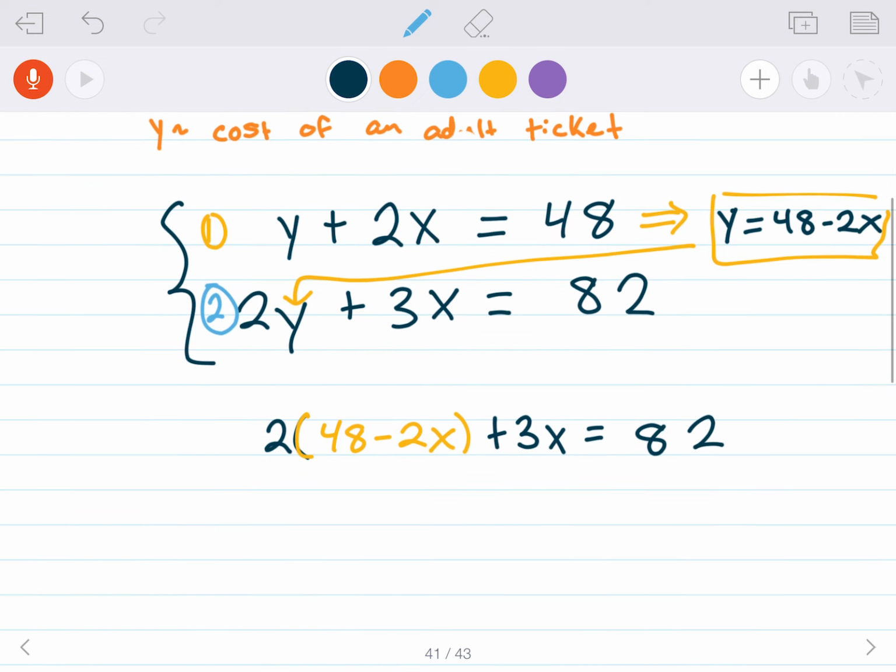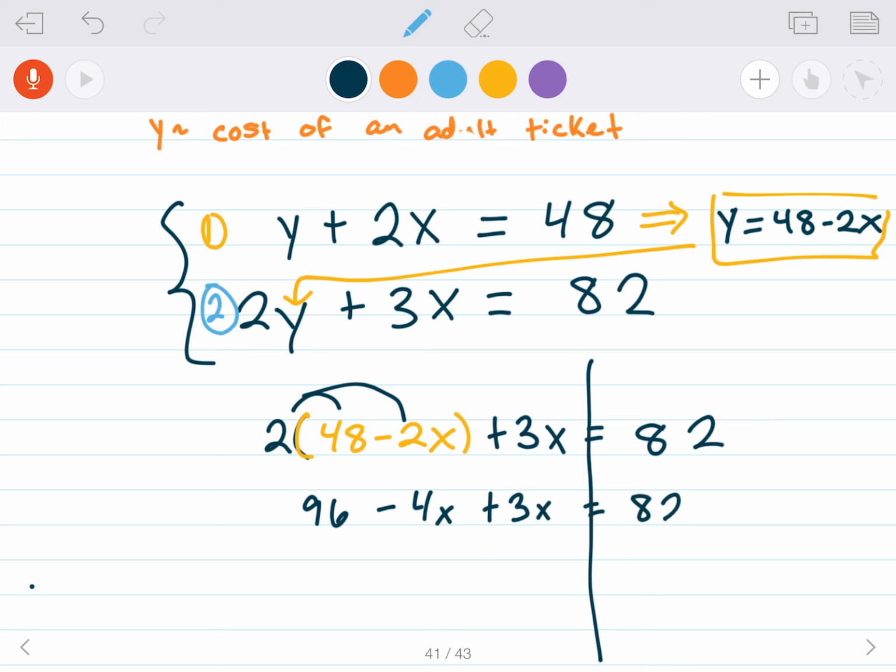I'm going to distribute this. So I get 96 when I distribute, minus 4x plus 3x is equal to 82. And then combining like terms, I get 96 minus 1x equals 82.